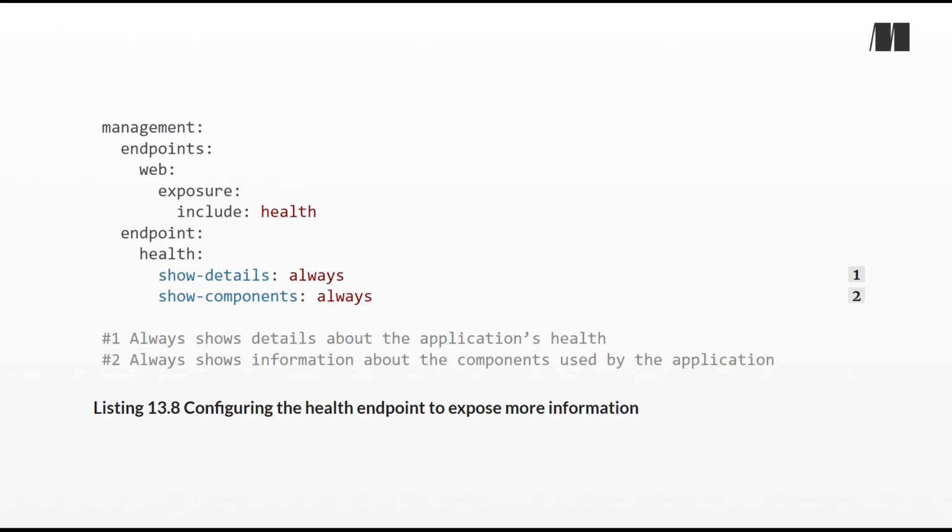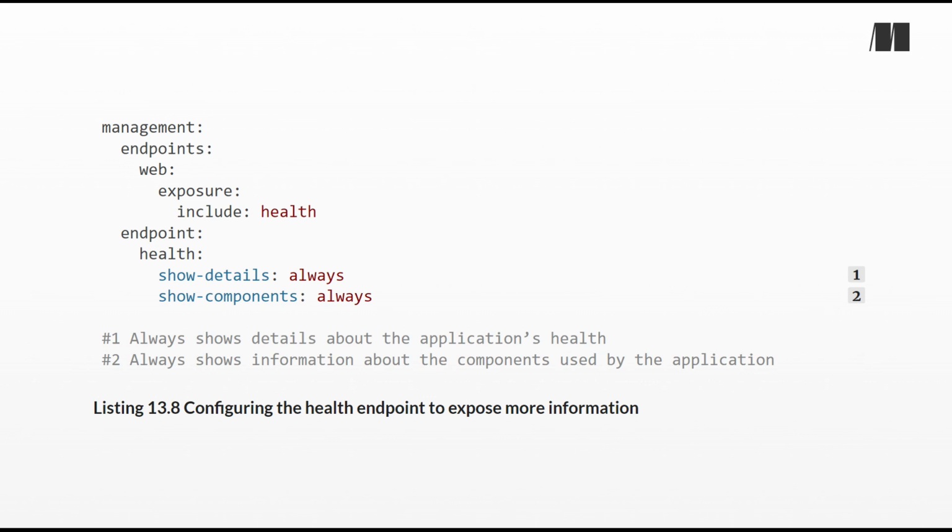By default, Spring Boot Actuator only returns the overall health status. Through application properties, however, you can make it provide more specific information regarding several components used by the application. To better protect access to this kind of information, you can enable showing health details and components always, or only when the request is authorized.